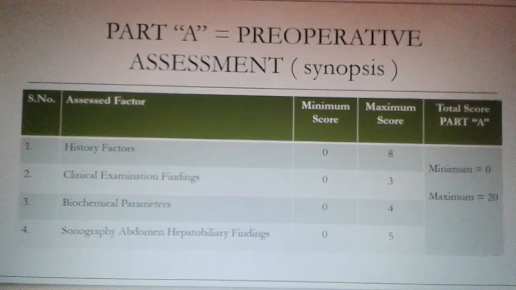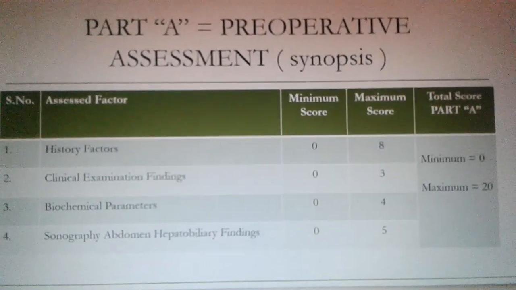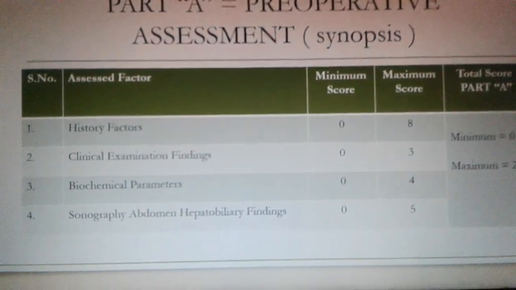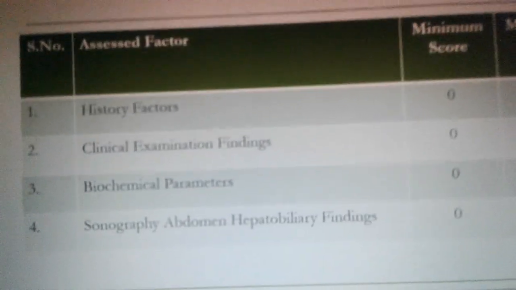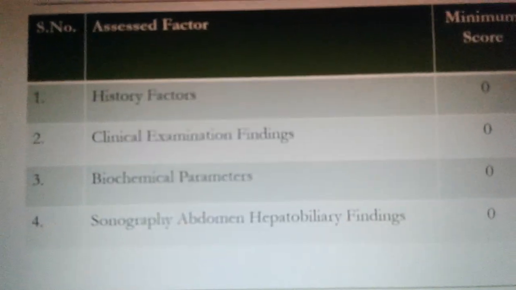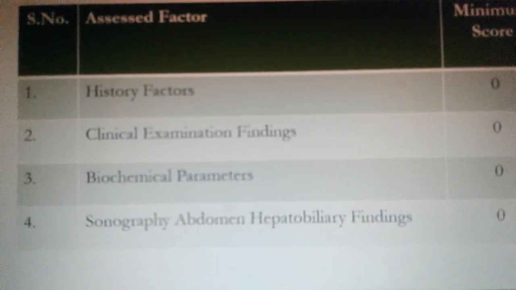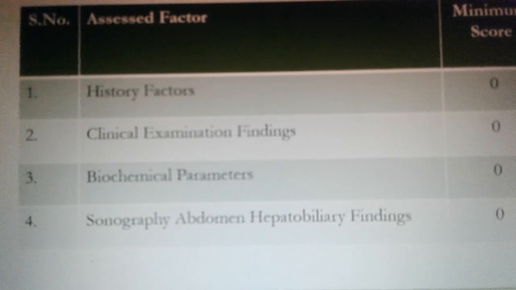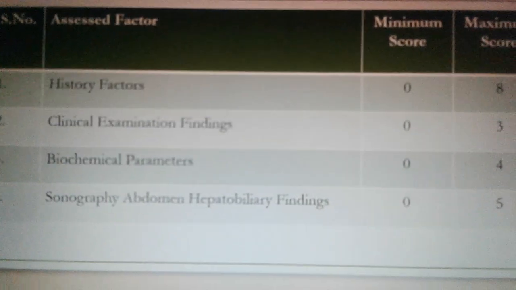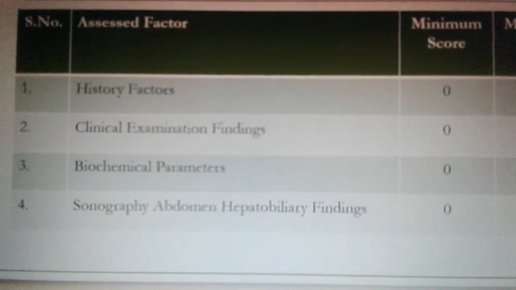Now this is a summary of part A, the preoperative assessment. We are having 4 groups of factors: the history factors, the clinical examination findings, the biochemical parameters, and the sonography abdomen hepatobiliary findings. Minimum score in all the 4 groups is 0.